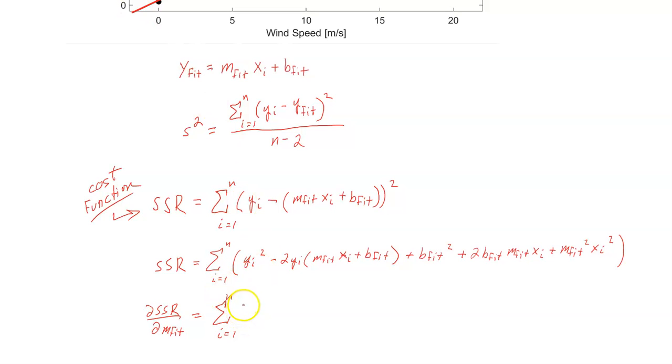And then where else do we see m fit? None there, 1 here. So when we take this derivative, we're going to get a 2 times b fit times xi. And here we are going to get a 2 times m fit times xi squared.